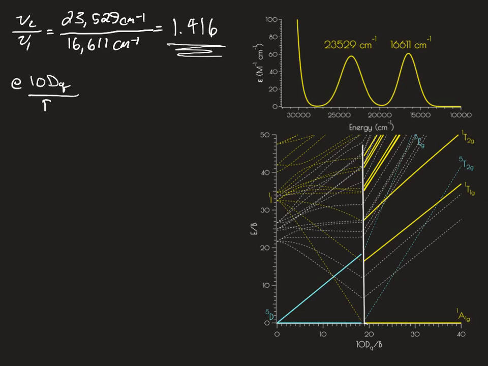At a 10Dq over B equal to 33, we can go through and do that vertical excitation.